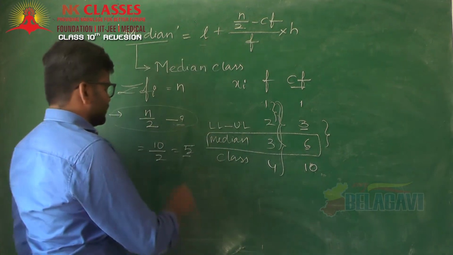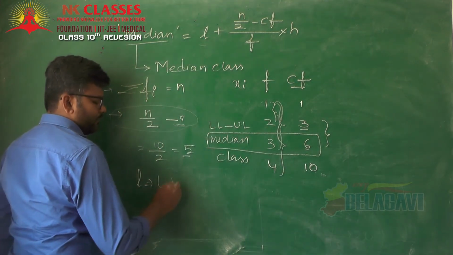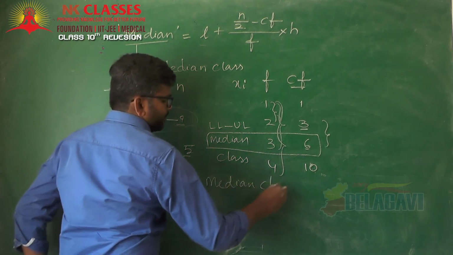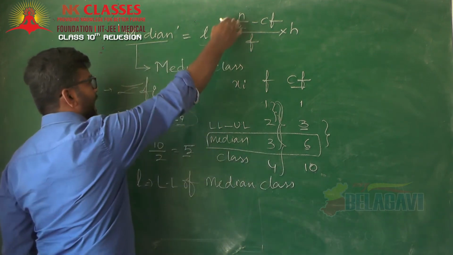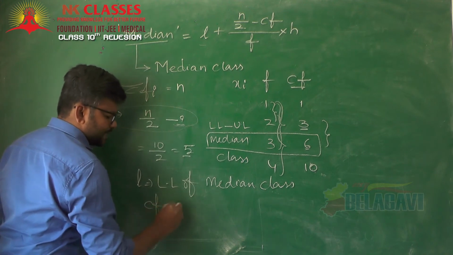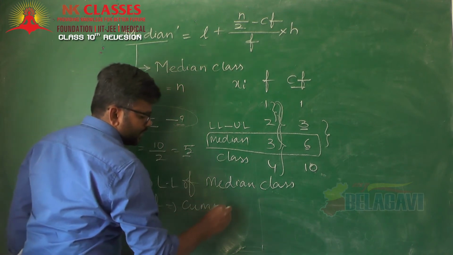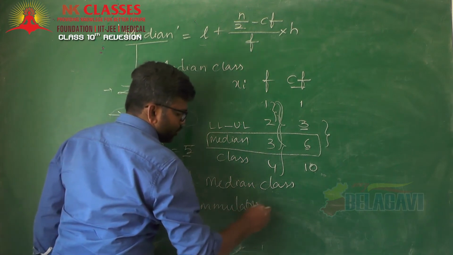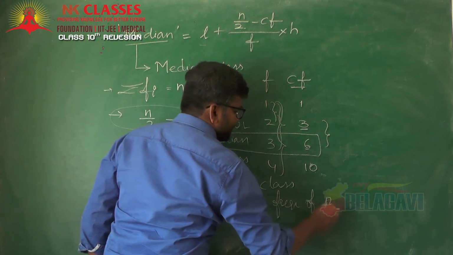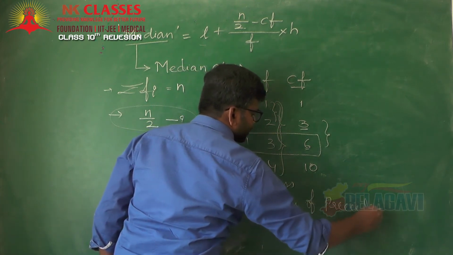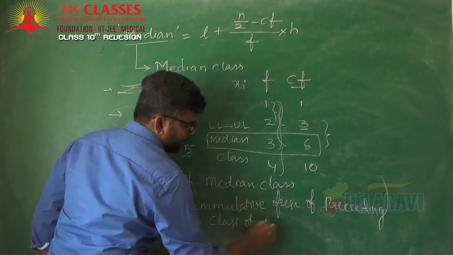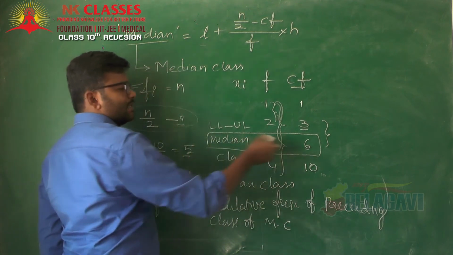So L stands for the lower limit of the median class. And N by 2, we already know. CF stands for the cumulative frequency of the preceding class of the median class. That means you should take the CF of the class interval just above the median class.